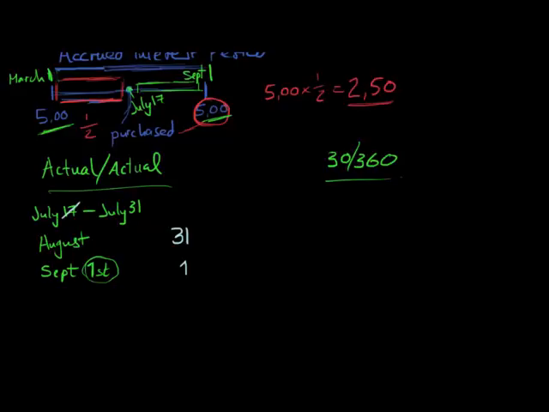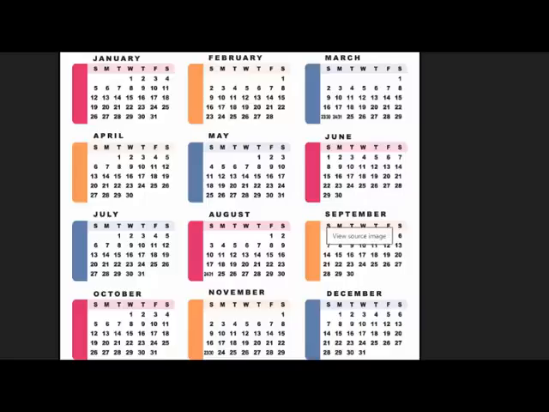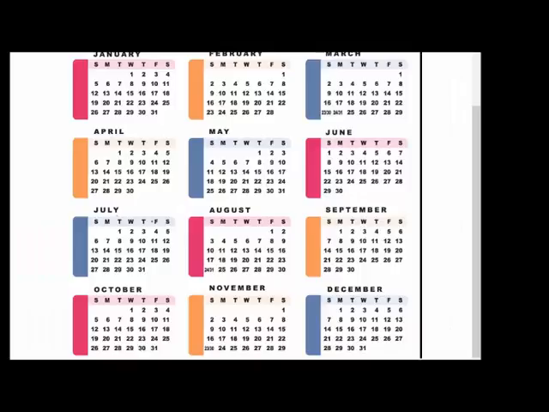So the convention is that we're going to count. Have a look at the calendar here. The date of purchase we've got is the 17th. We're not going to count that, so we're going to count 1, 2, 3, 4, 5, 6, 7, 8, 9, 10, 11, 12, 13, 14 days.